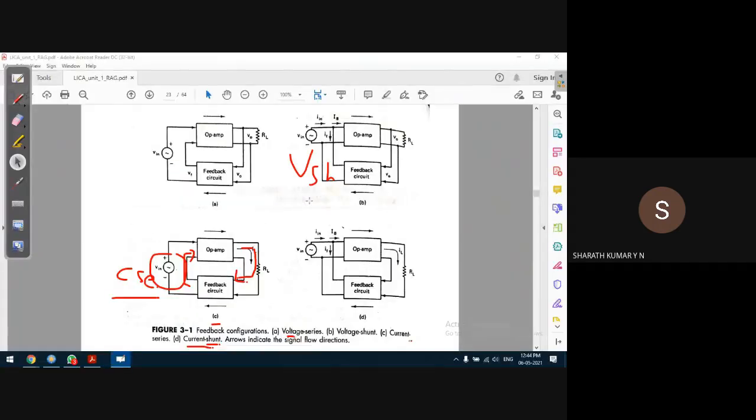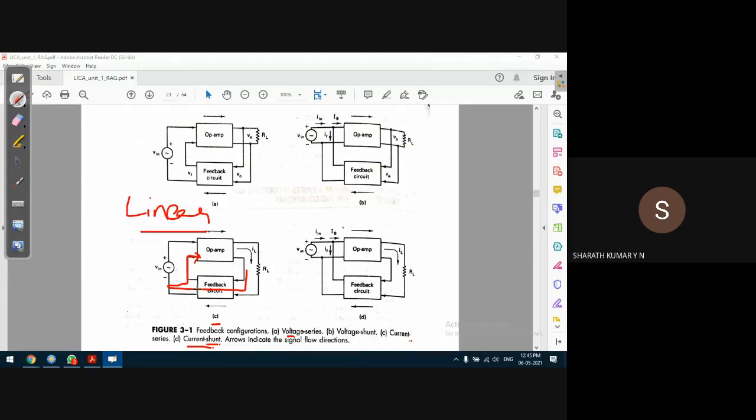So at this point, the current direction is like this, and the current is fed to the input terminals. It may be inverting or non-inverting depending on the application, that is, linear or non-linear applications. So that is in series with the input voltage.